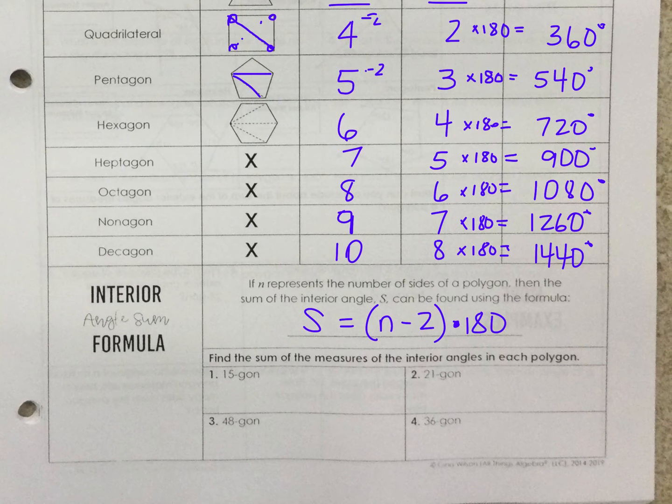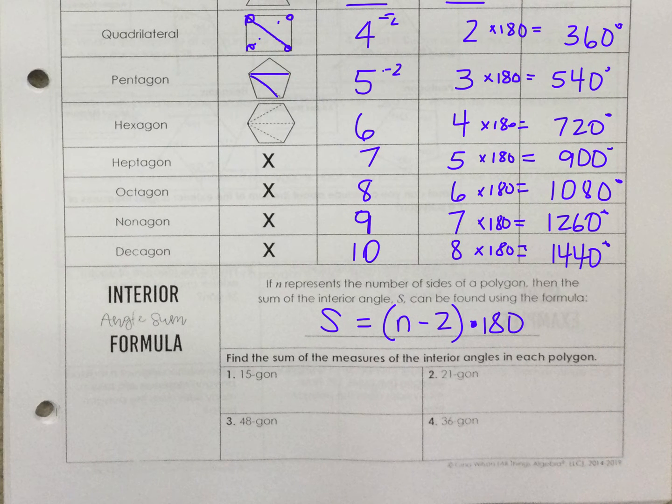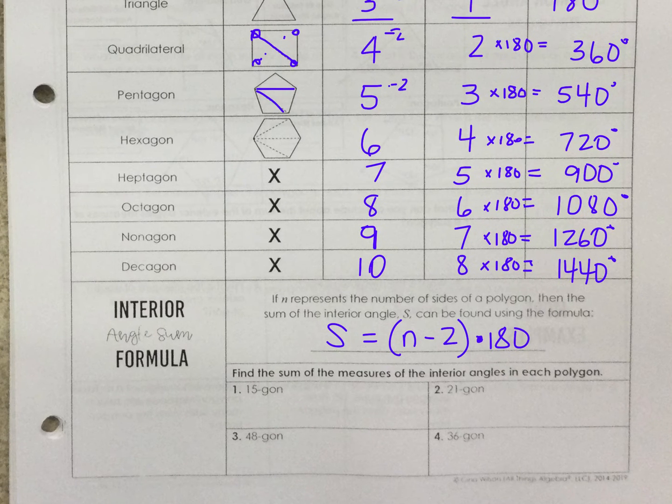Because I have a 15-gon, we do not want to write this out 15 times. We're just going to put it into our formula. 15 minus 2 times 180.